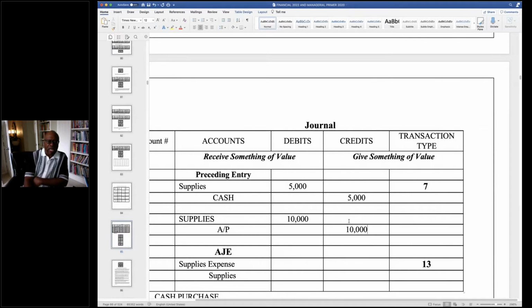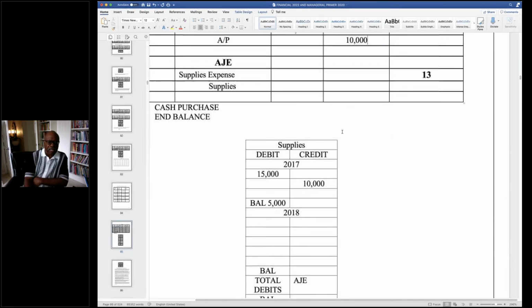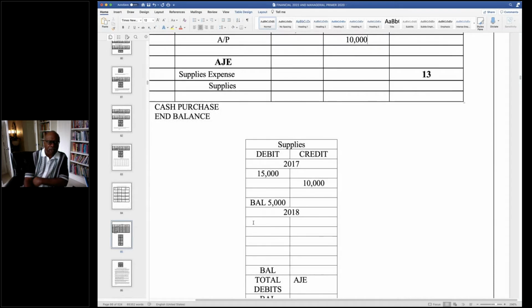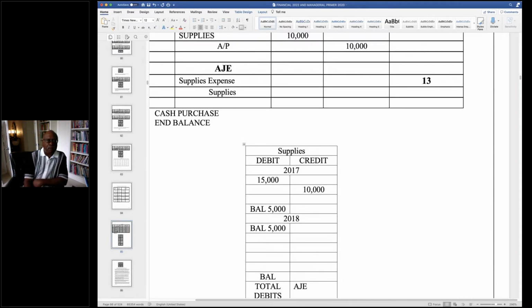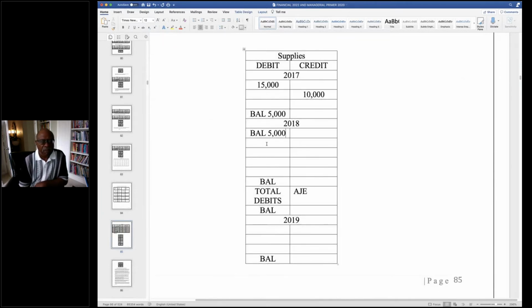So once we have this situation of multiple purchases and a beginning balance of 5,000, coming in at 2018, that beginning balance rolls in there for 5,000. Then we bring in the 5,000 and the 10,000 that we purchased.